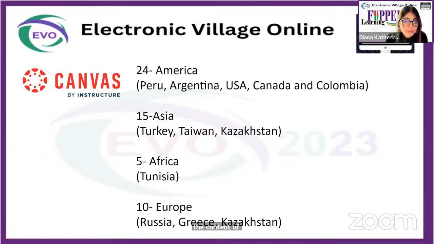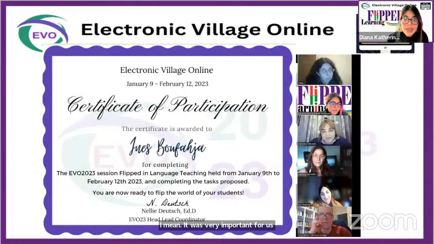We had in total many people from around the world: 24 from America, Peru, Argentina, the US, Canada, and Colombia, 15 from Asia, Turkey, Taiwan, and Kazakhstan, 5 from Africa, Tunisia, and 10 from Europe, Russia, Greece, and Ukraine. Sorry, I missed that one, and it was very important for us. So from all of those countries, we had, in the end, 6 teachers completing the course.